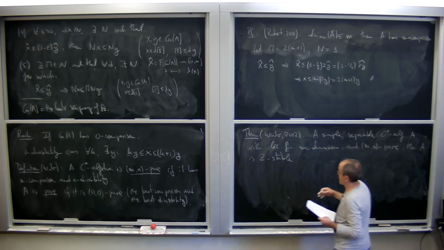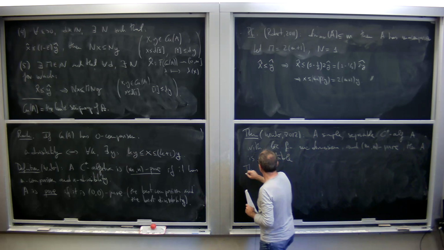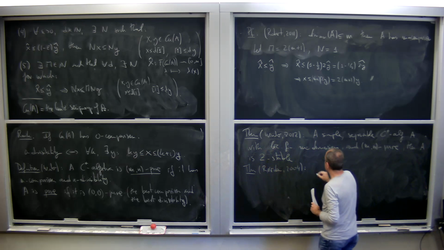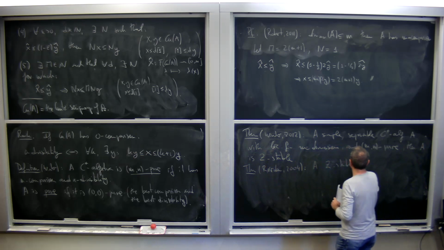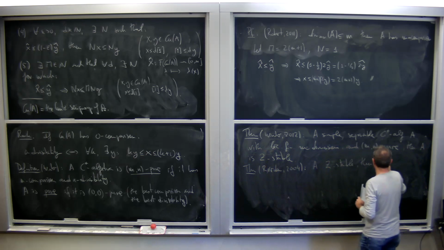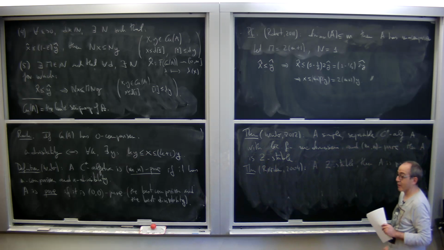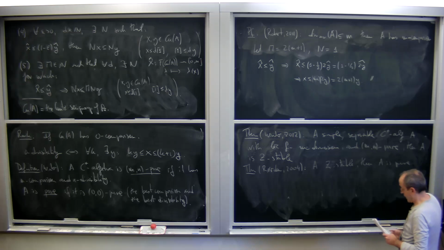And in fact, a much earlier result due to Mikael Rørdam, 2004, is that if A is Z stable, then A is pure. So you have almost unperforation and almost divisible Cuntz semigroup.